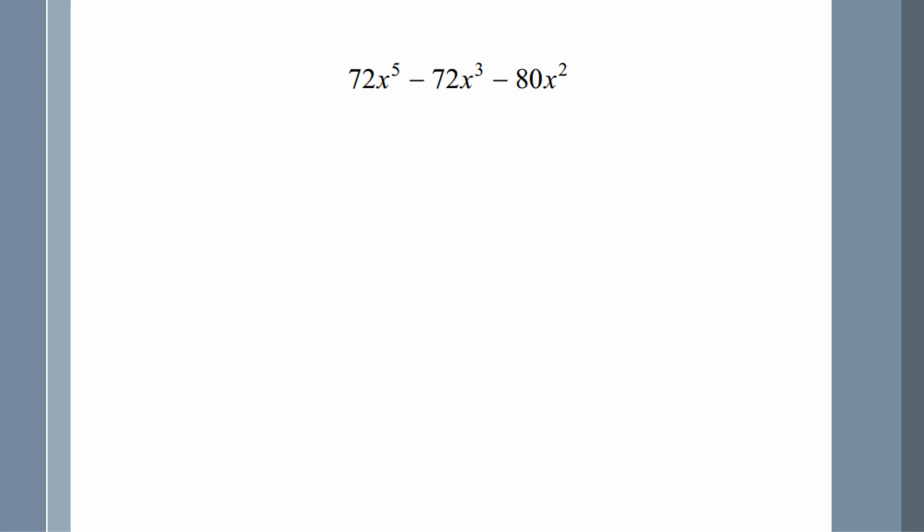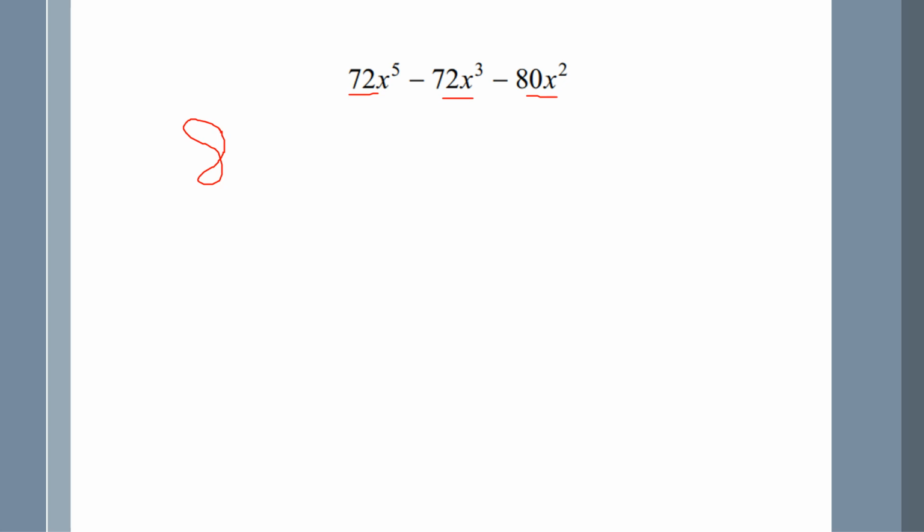By now, you have completed this problem. You factored. You did the greatest common factor. You did a lot of work. If you have not done so, please, please, please pause the video. So, did you realize that the greatest common factor of these three integers was 8?